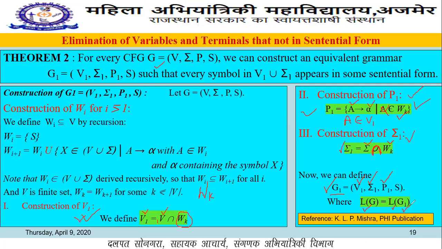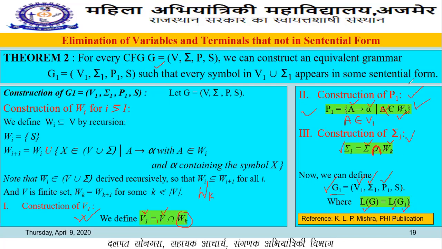The meaning is that if we construct a simplified grammar G1 corresponding to a grammar G, then the language derived by G and the language derived by G1 should be equivalent to each other, meaning both define the same set of strings accepted by both.